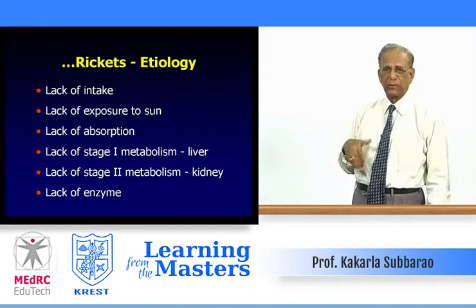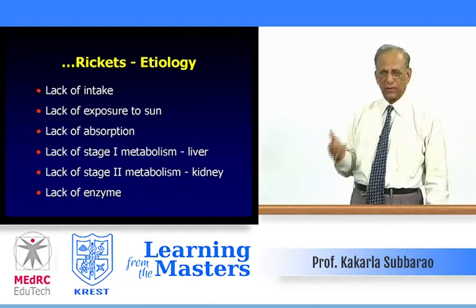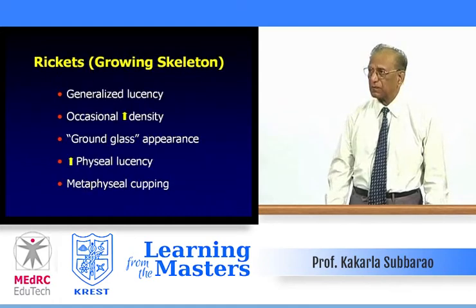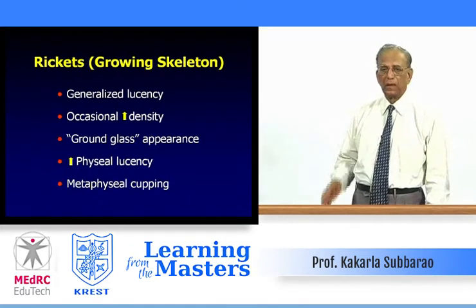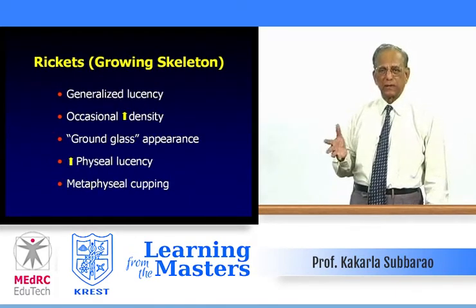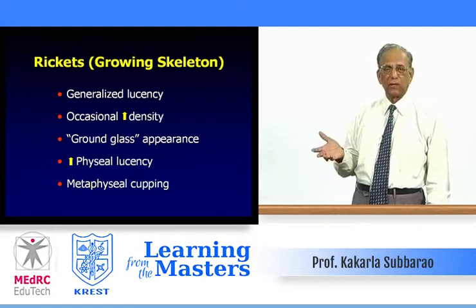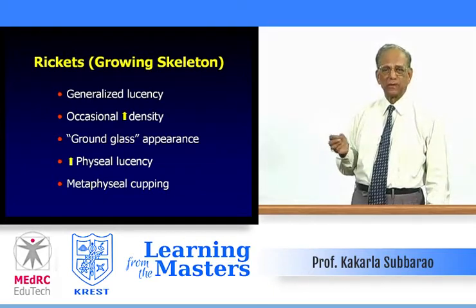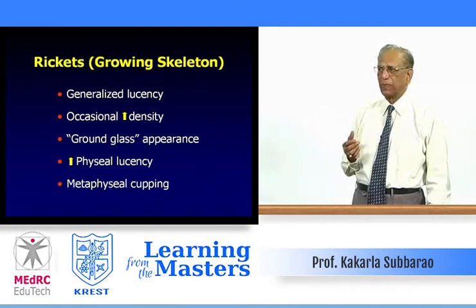And lack of absorption, lack of stage 1 metabolism that occurs in the liver, lack of stage 2 metabolism that occurs finally in the kidney, and lack of enzyme. Rickets occurs in the growing skeleton, and in adults we call it osteomalacia. Why call it rickets? Because of rachitic bones. They break easily, they bend easily. That's why it's called rickets.